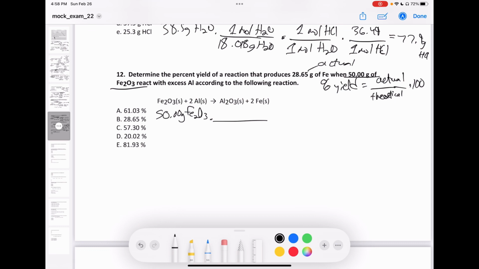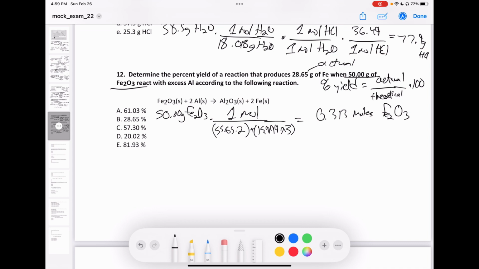So the molar mass of iron 3 oxide is going to be 55.85 times 2 plus 15.999 times 3, and that's per 1 mole, and that is going to give us about 0.313 moles of iron 3 oxide.